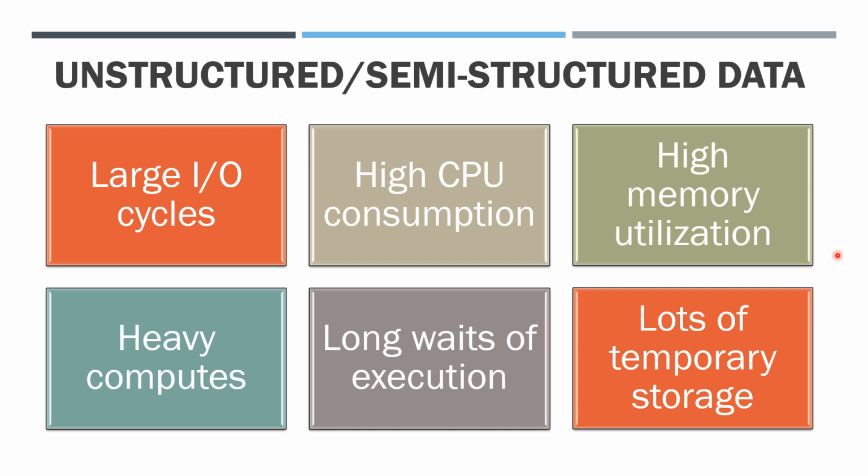The queries affected here are across all of the different types of classification, on structured and semi-structured data. Based on this, the traits are: large input output cycle, high CPU consumption, high memory utilization, heavy compute, long waits of execution, and lots of temporary storage.